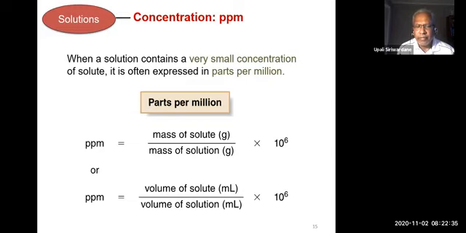That gives a reasonable number to handle. Otherwise, there are a lot of zeros expressed in percentage units. It could be mass of solute over mass of solution, mass by mass, or volume by volume, in ppm.